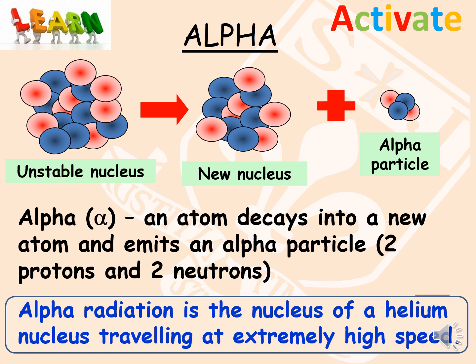It's made of 2 protons, which are positive, and 2 neutrons, which are neutrally charged, from the nucleus of the atom. This alpha particle is the same as the nucleus of a helium atom, but it's travelling at extremely high speeds due to the high amounts of energy that it's got. It has a mass of 4 because it has 4 particles from the nucleus, and it has a charge of +2, as we know protons are positively charged.